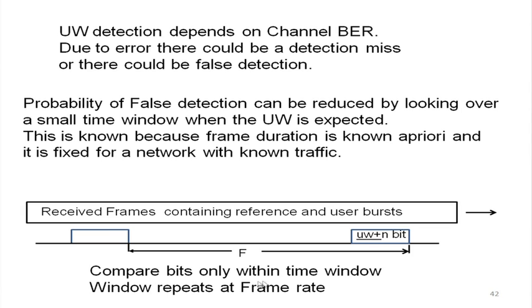So, compare the bits only within the time window. In between, you are not looking for the unique word, because this is supposed to be data, and in the data, if because of error some pattern looks like a unique word, you are not looking at it. You are looking at the location where the unique word is supposed to come, and therefore your false detection probability can be improved.